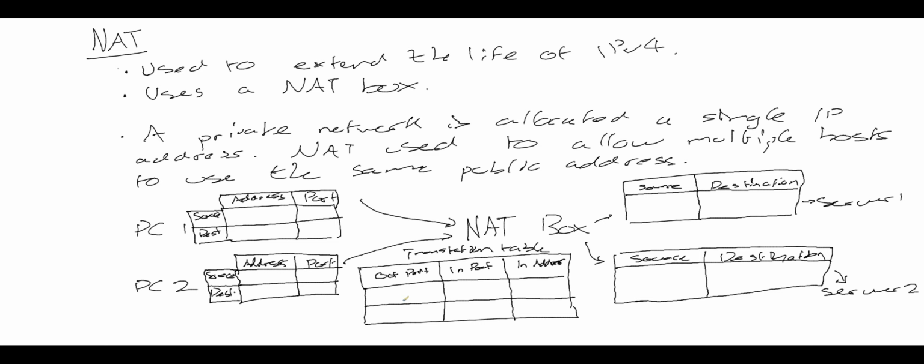Then what happens is that the private address gets stripped off of that request, and the public address gets put on, and then it is sent off into the public internet.